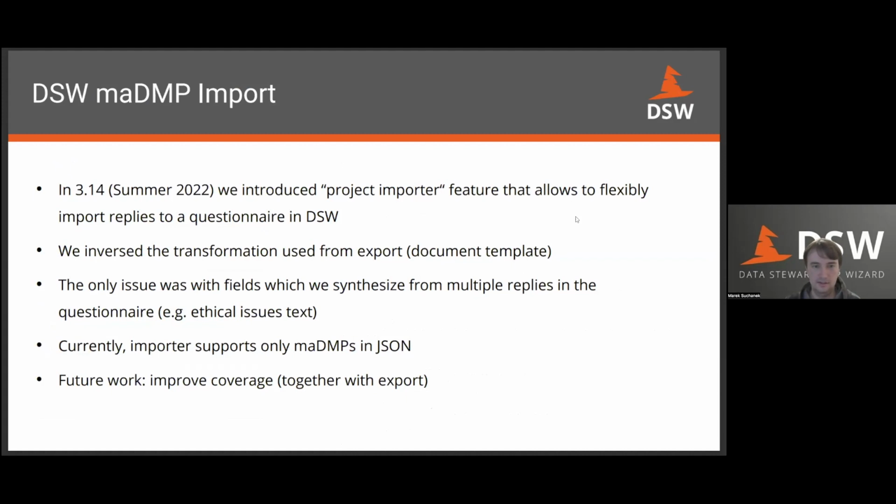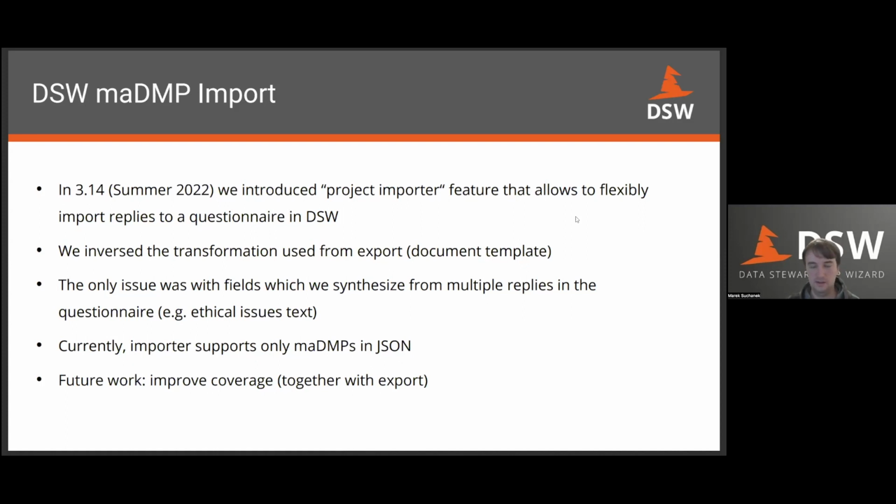Then for the import part, and it's something new because this feature we implemented this year. It's called Project Importer, and it allows flexibly import replies to questionnaire in DSW. And the first importer that we had was for machine-actionable DMPs. So basically, a user can put machine-actionable DMP in JSON to this importer and fill the answers in questionnaire in DSW.